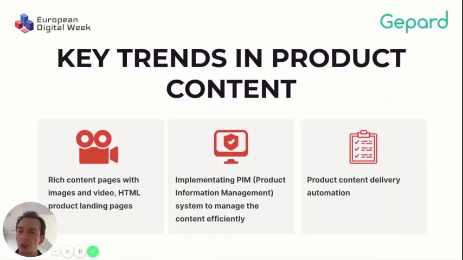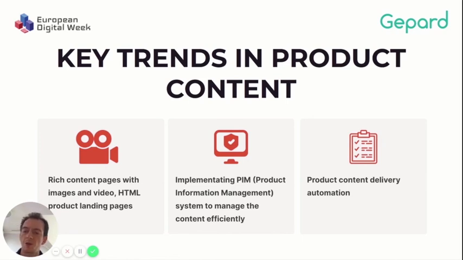And the last thing is, let's talk about the key trends, right? So what do we have in content right now? Rich content pages are actually booming. So people are more appealed by nice looking product landing pages than just a very boring page with the specs.